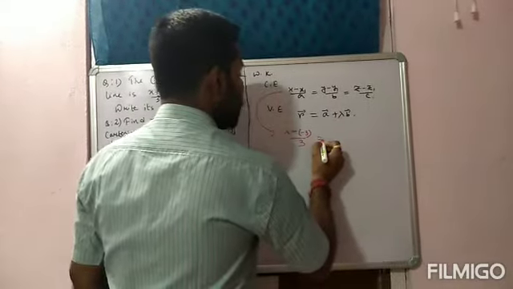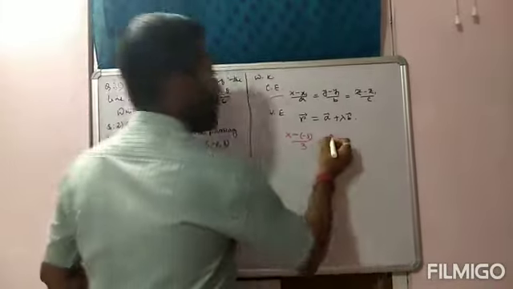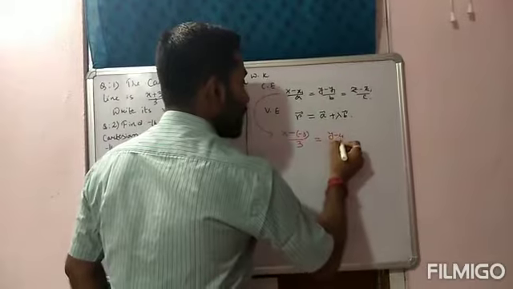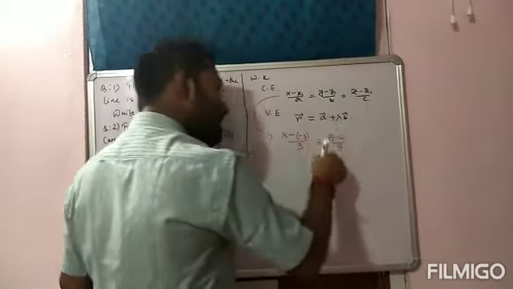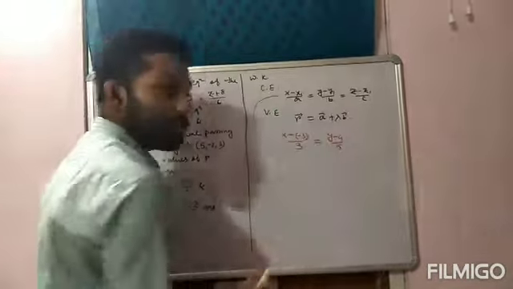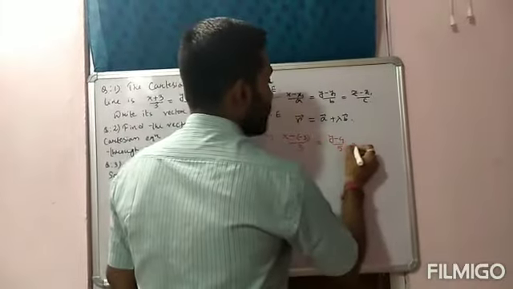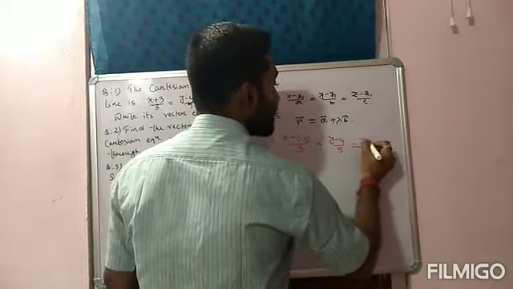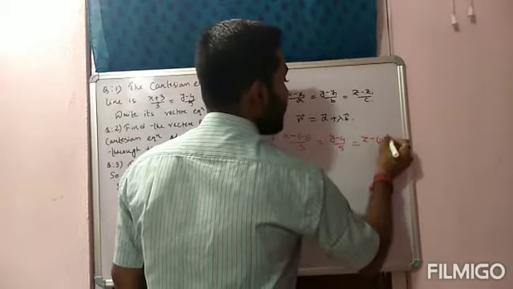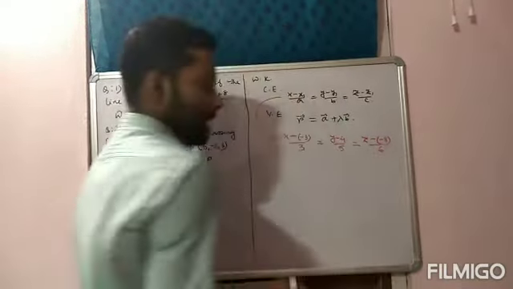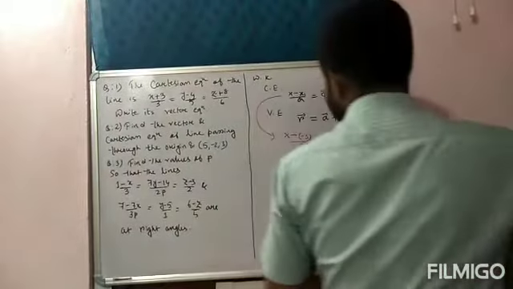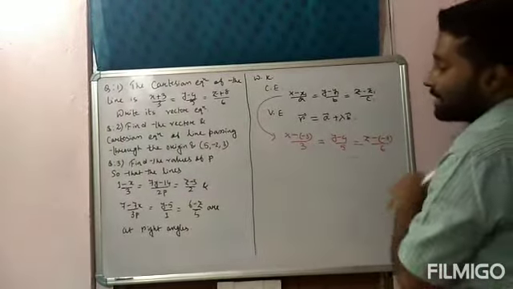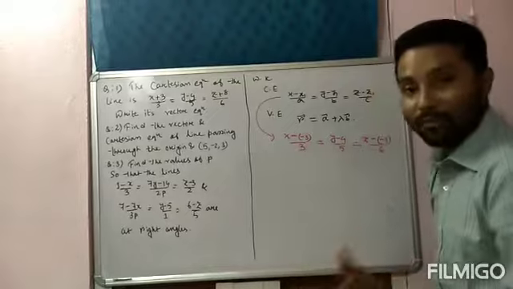This is equal to (y minus 4)/5. Write as it is, (y minus 4)/5, because this is in standard form only, (y minus y1)/b, which is equal to (z plus 8)/6, can be written as (z minus of minus 8)/6. Now we can say that the equation is in standard Cartesian form actually.